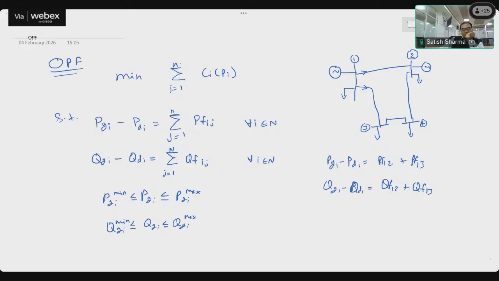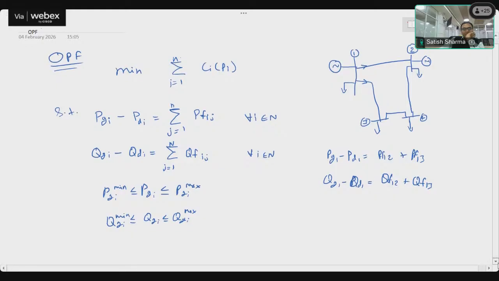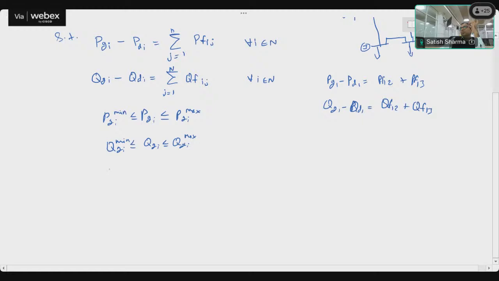Then we will check for other limits, and those are the power flow limits. Certain lines have a line rating, so depending upon what kind of rating we are considering, whether it is a megawatt rating or an MVA rating of the line, we can identify the line rating. Let's say we are only looking at the megawatt rating. Then I would say PFij should be less than or equal to PFij maximum.